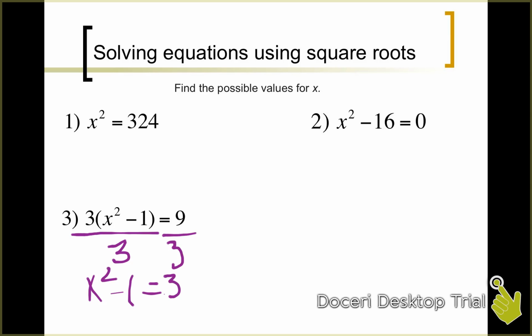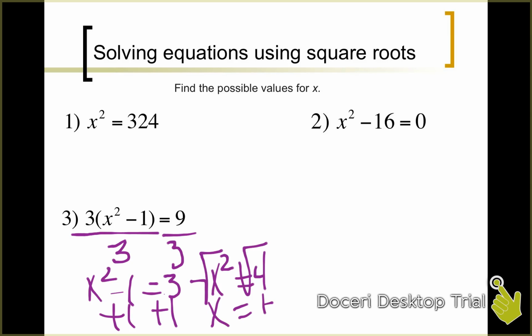And then I'm going to repeat the process like I did for number 2. Add 1 to both sides, and I have x squared is equal to 4. That's a lot nicer than distributing and not as much work. So now that x squared is by itself, I'm going to take the square root of both sides. X is now equal to plus or minus 2.